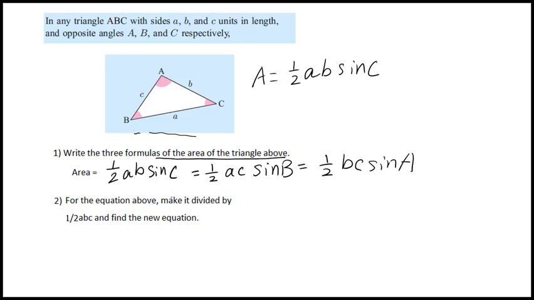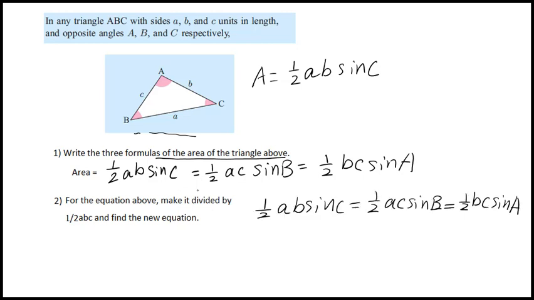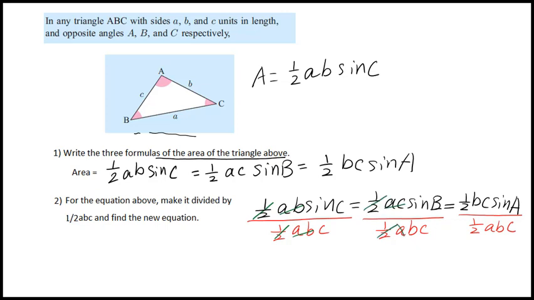For number 2, for the equation above, divide by 1/2 abc and find the new equation. I divide by 1/2 abc. Then I reduce. Then I organize.